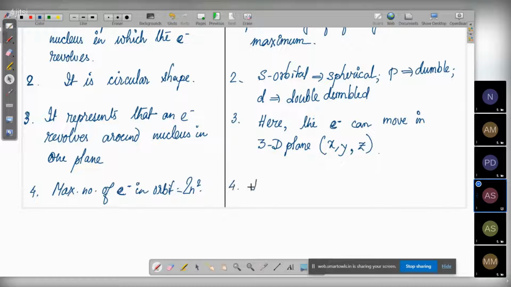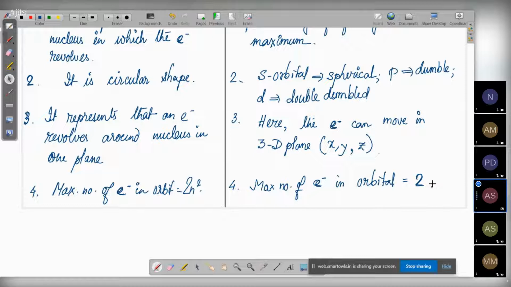Whereas the maximum number of electrons in an orbital is equal to 2. So these are the points of difference between orbit and orbital. This difference is important from the viewpoint of your exam. It comes in the exam. Okay.